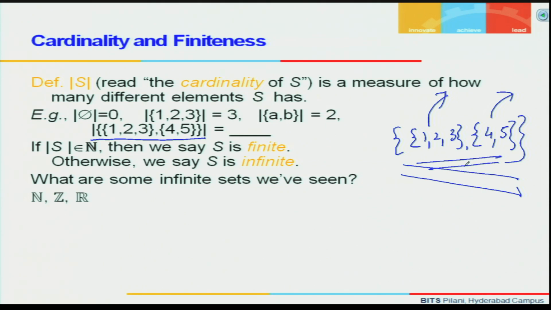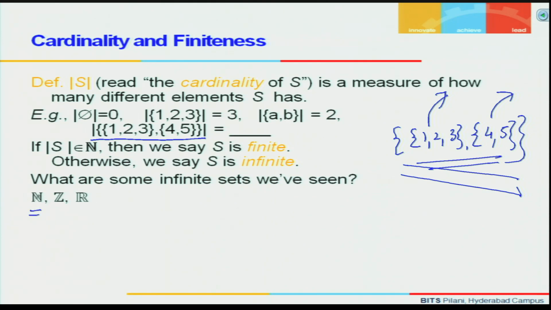As I told, finite and infinite: if the cardinality of a set is a natural number, we say it is finite, otherwise it is infinite. We have seen lots of infinite sets. Generally, the set of natural numbers is denoted by this particular notation.